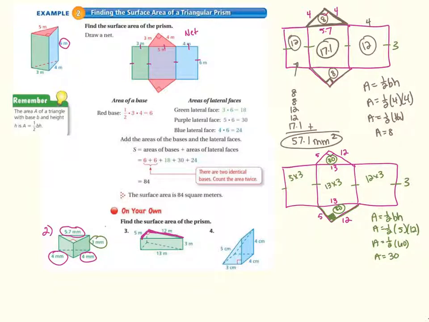Go ahead and find the area of the 3 rectangles in the middle, then add all of the areas together to find the total surface area. Push play when you're ready for the answer. Okay, you should have gotten 150 meters squared for the total surface area of the right triangular prism in number 3. Go ahead and do number 4 on your own and then check with me to see if you got it right when you are done.